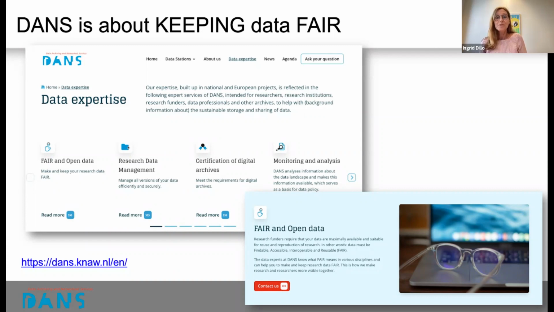They provide expertise in the areas that you can see here on the slide: around FAIR and open data, research data management, also the certification of digital archives, and the monitoring and analysis of what's happening in the research data landscape.